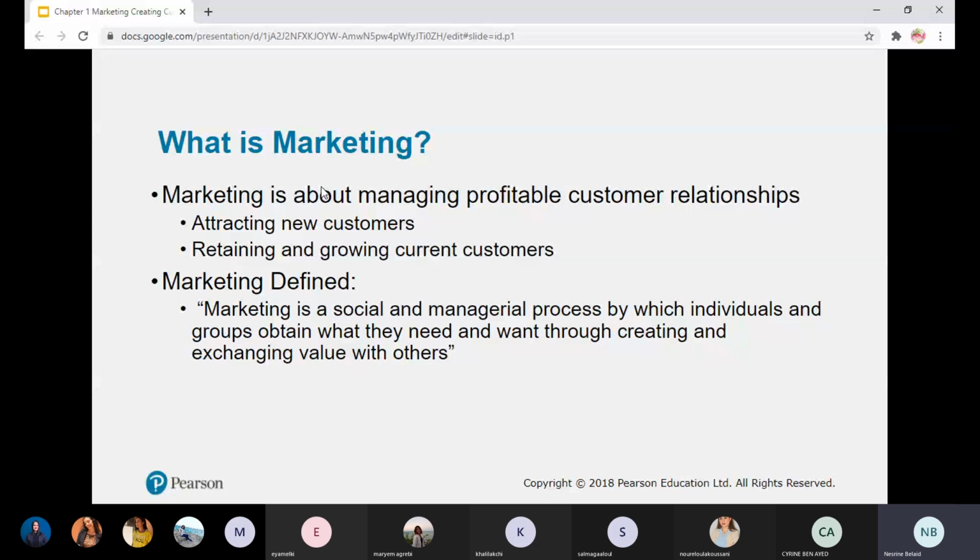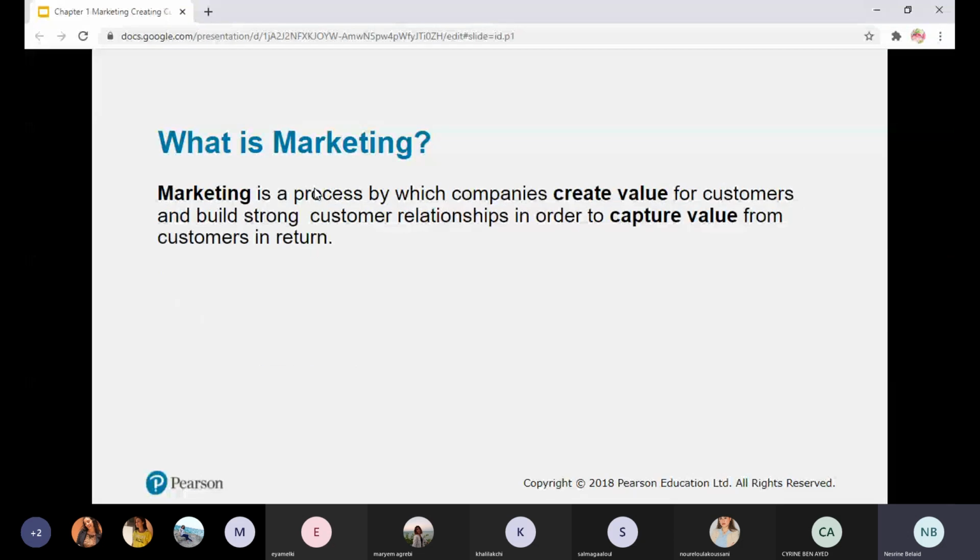That means we first have to attract new customers, but also retain and grow our current customers. Marketing is defined as a social and managerial process by which individuals and groups obtain what they need and want through creating and exchanging value with others. Okay, this is the definition of marketing.